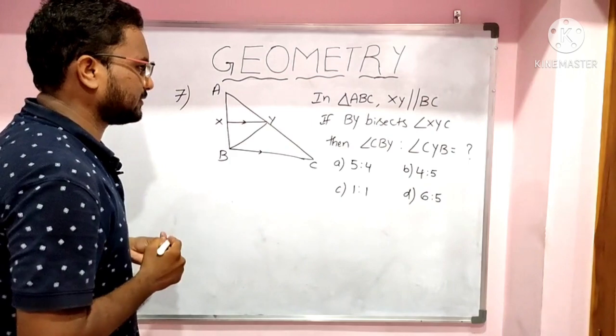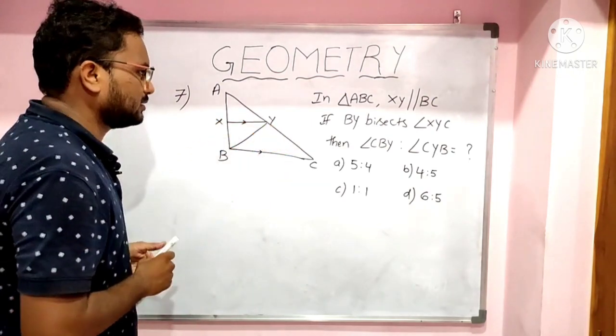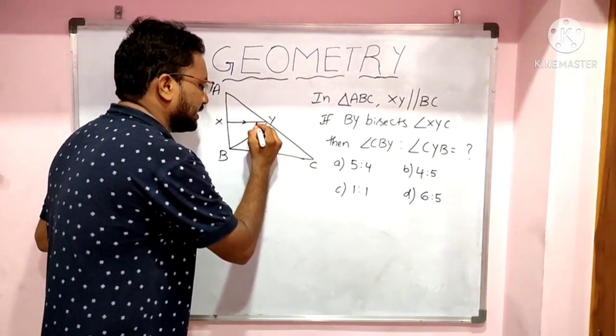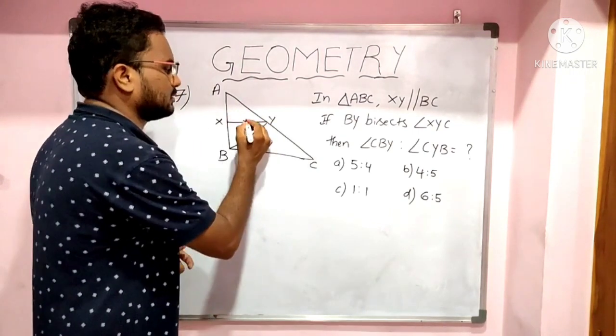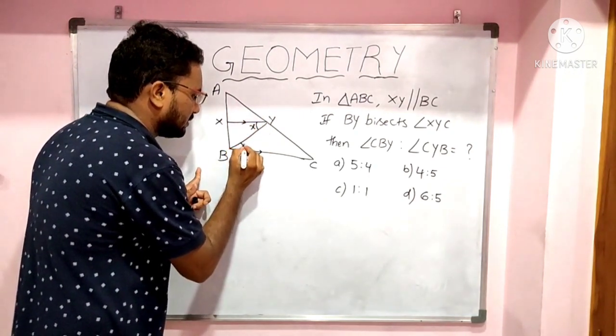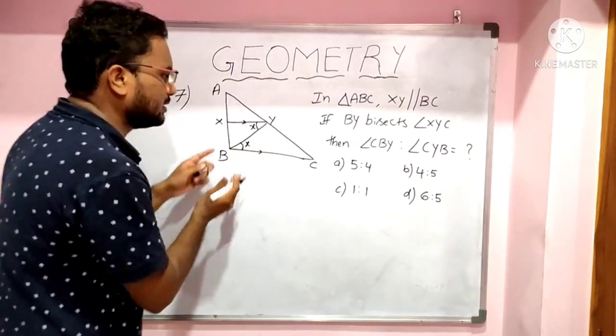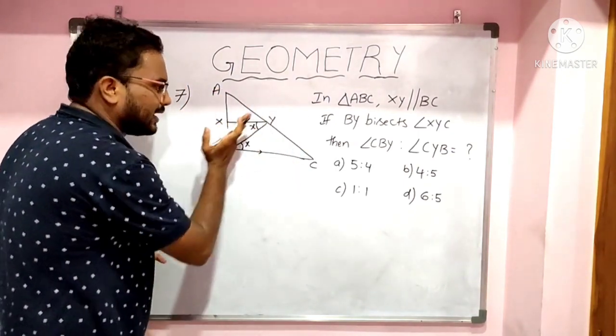First of all, XY is parallel to BC. Let us say if this is X, then this should be equal to X, because these two lines are parallel and this is the transversal.